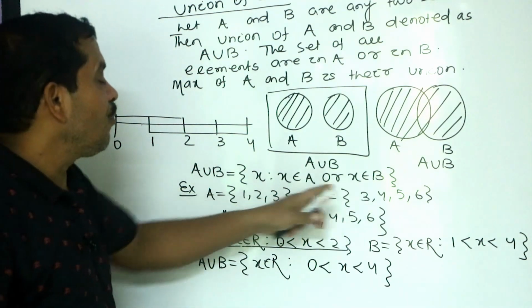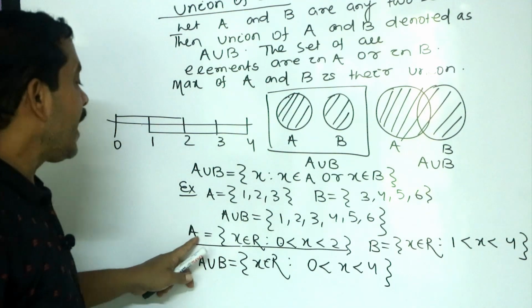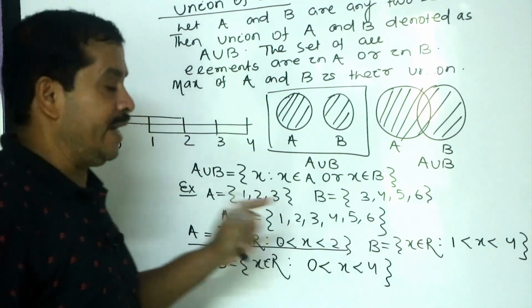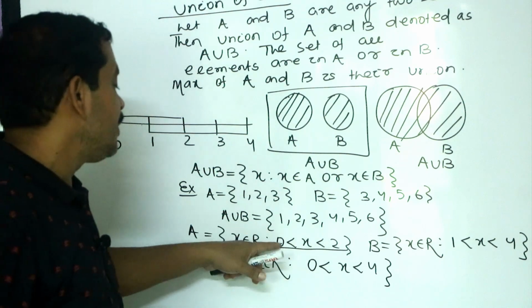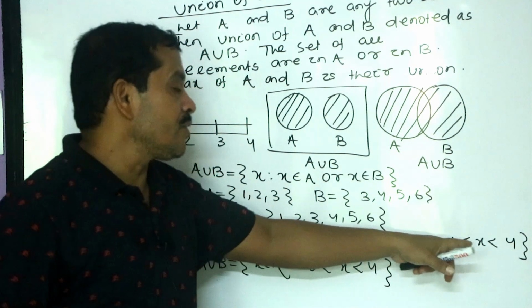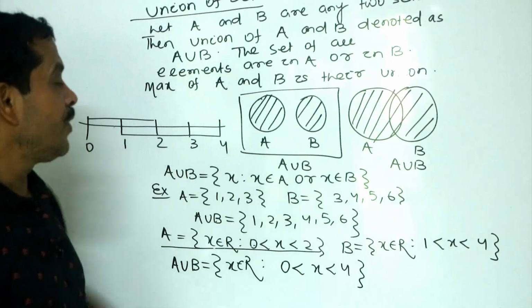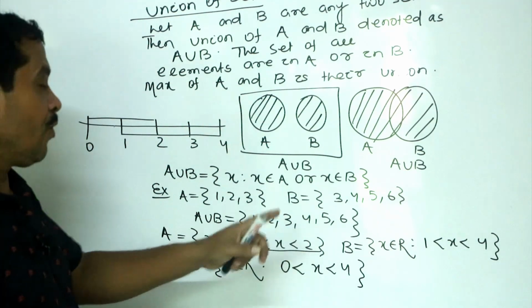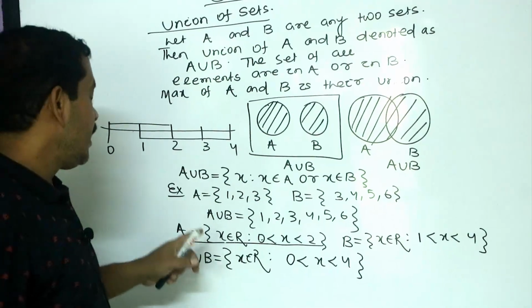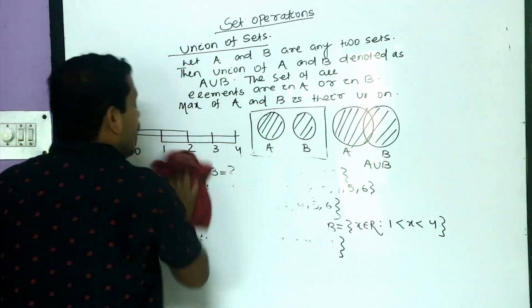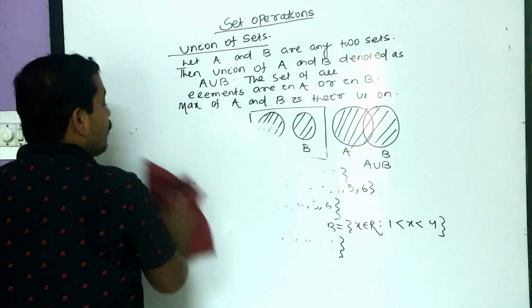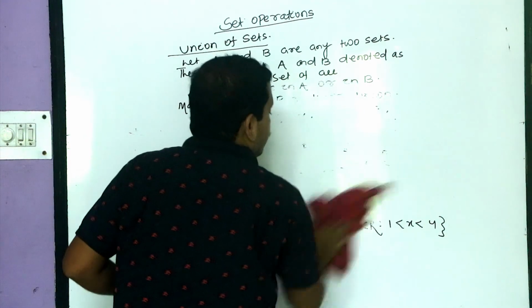The earlier two were finite sets, but here A and B are two infinite sets, because there are infinite real numbers between 0 and 2, and also between 1 and 4. So their union is the real numbers from 0 to 4. This is all about the union of two sets.